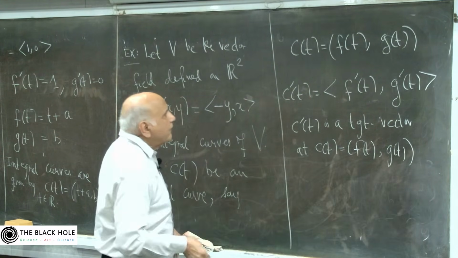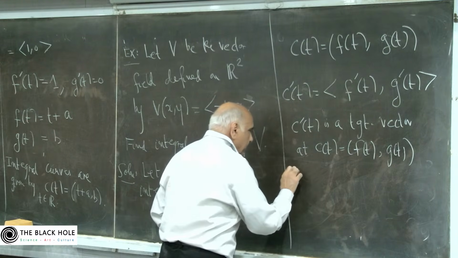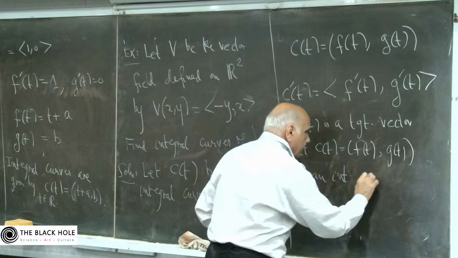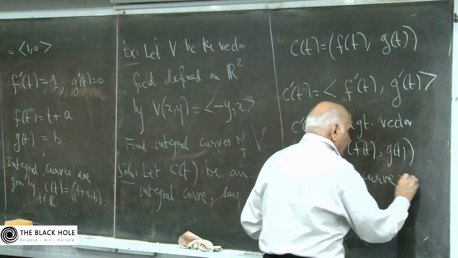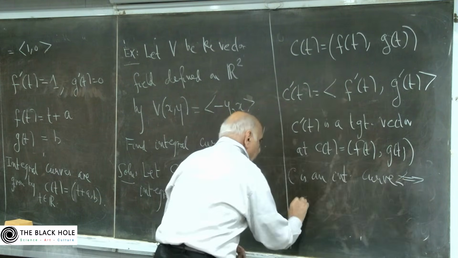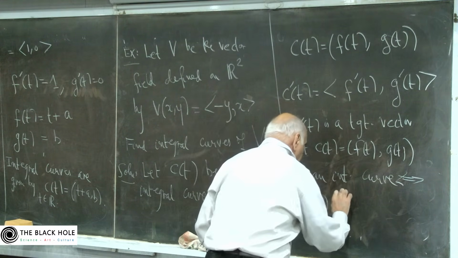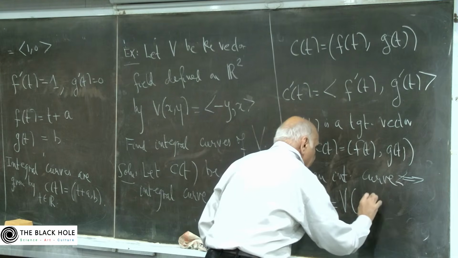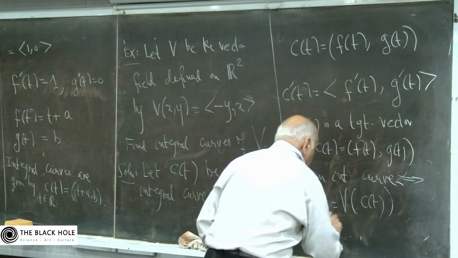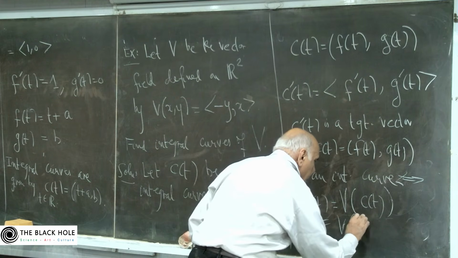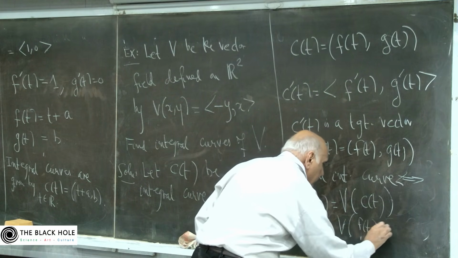And C is an integral curve if and only if C'(t) is the value of the vector field V at C(t), and V at the point (f(t), g(t)).